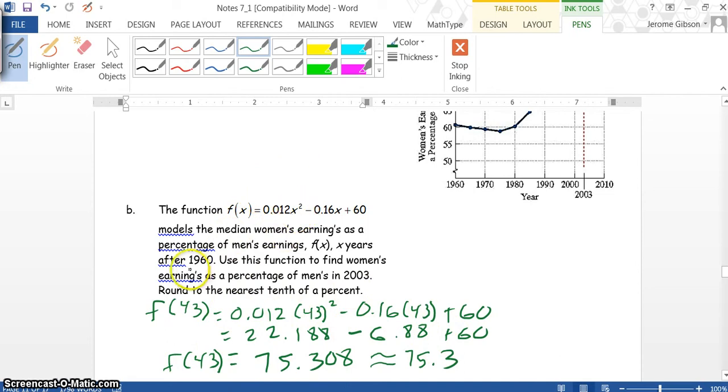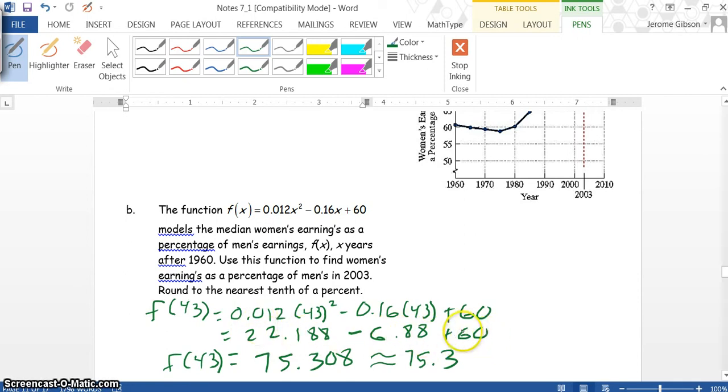What we need to do is this. These are all the years after 1960, and we're going to 2003. So the difference from 2003 and 1960 is 43 years. So that will replace your x values here. So we will substitute in 43 for all of our x values, and we would end up with these amounts: 22.188 minus 6.88 plus 60.